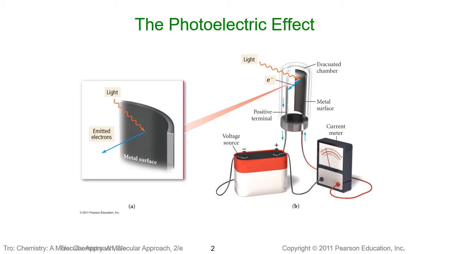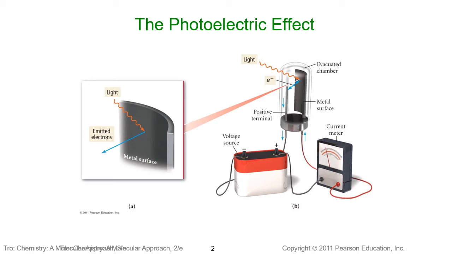If we want to test and see if our light is behaving as a particle, we can do an experiment called the photoelectric effect. So we hook up a voltage source inside of an evacuated chamber and we irradiate a metal surface with light.